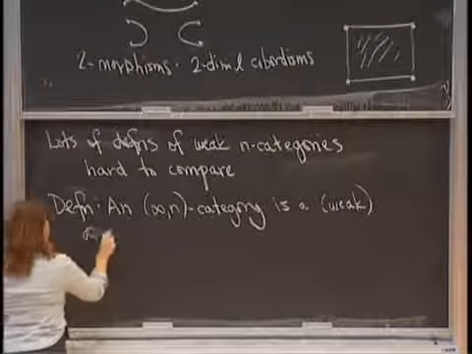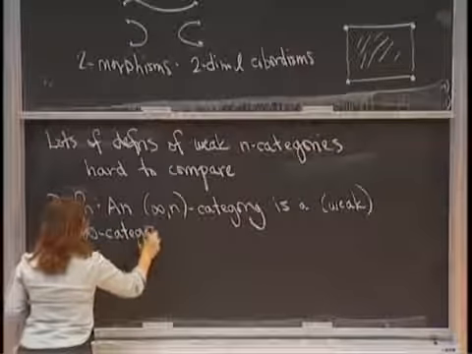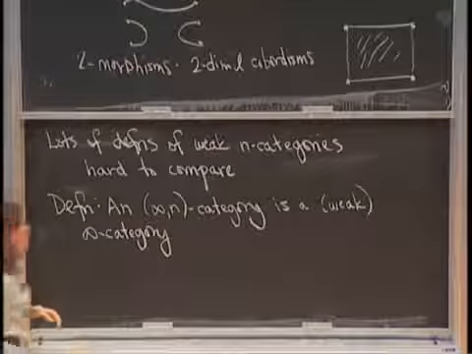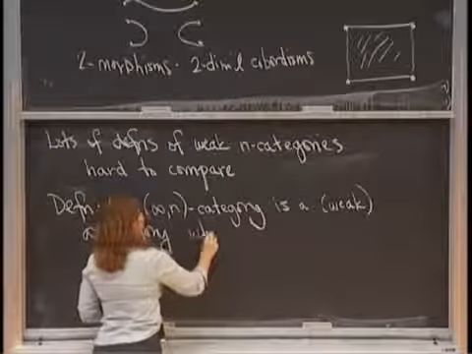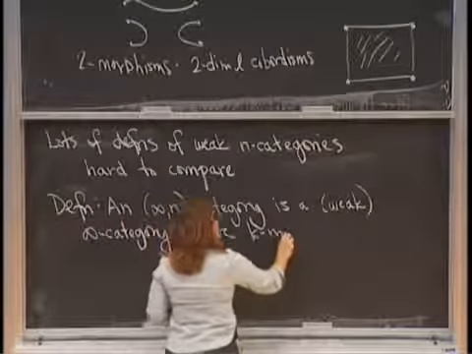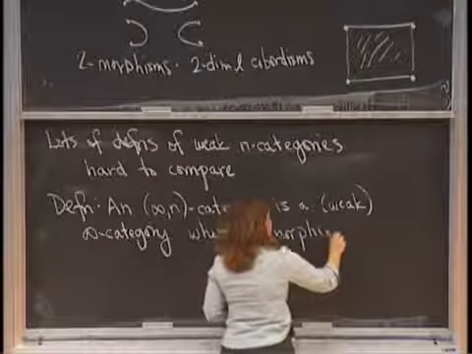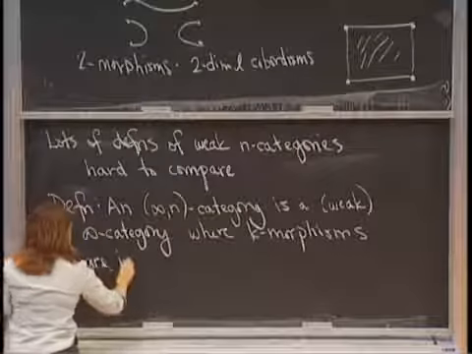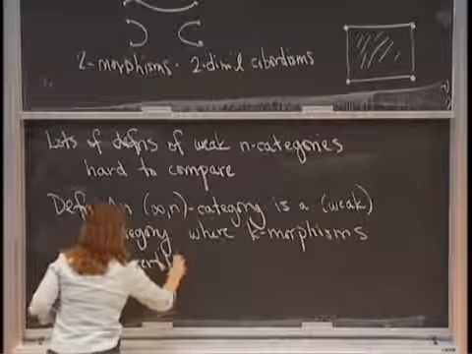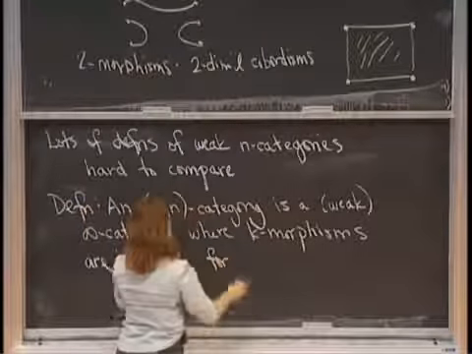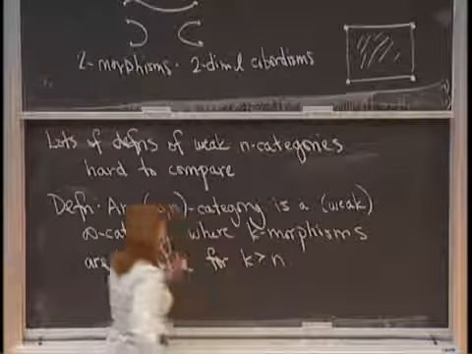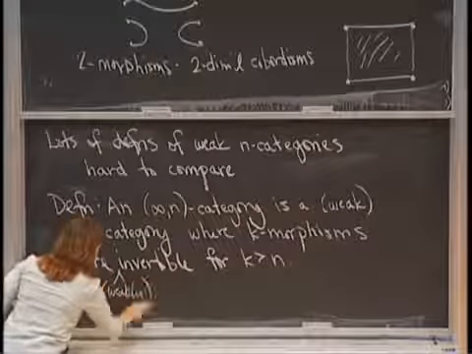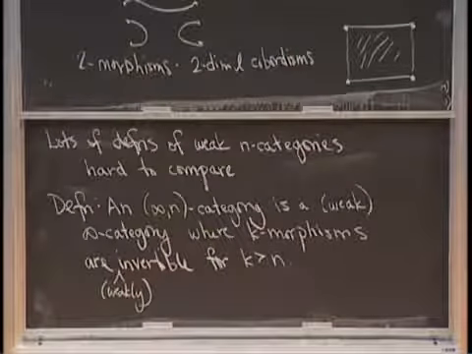So this is a weak infinity category, meaning that I've got objects and I have morphisms of all levels all the way out to infinity, but where the k-morphisms are invertible after some point. In fact, for k greater than n. And again, this should be weakly invertible. It may not have a strict inverse.